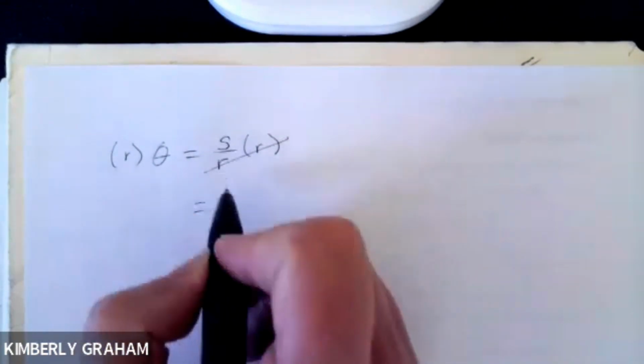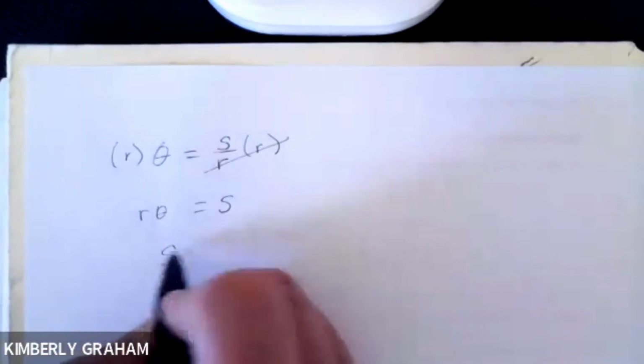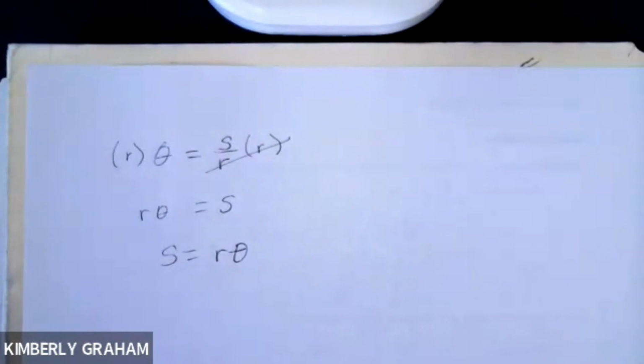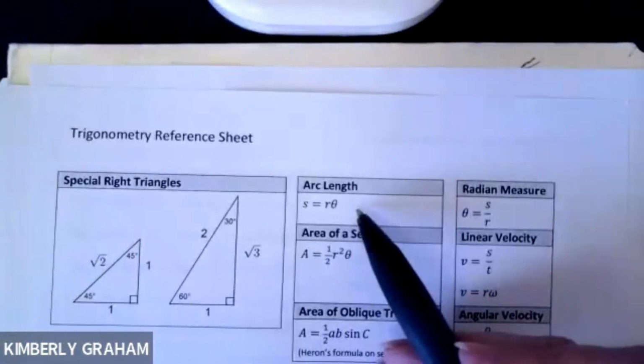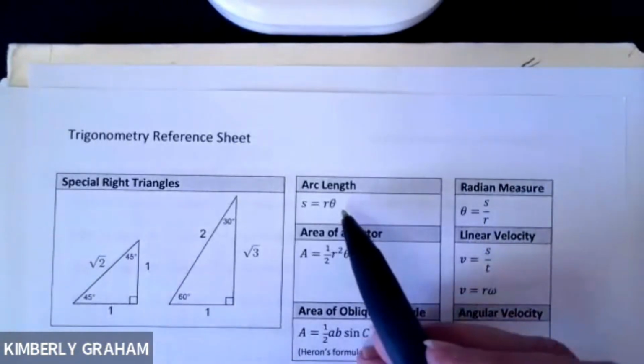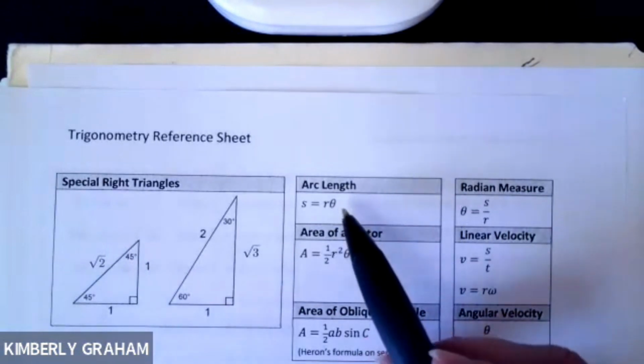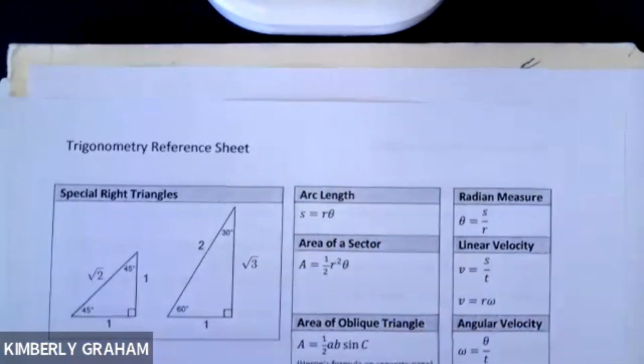So I have arc length of S equals R theta, or S equals R theta. And that is this formula that's here on your reference sheet. And you need to be sure that you remember that when you're using this formula, theta has to be in radians.